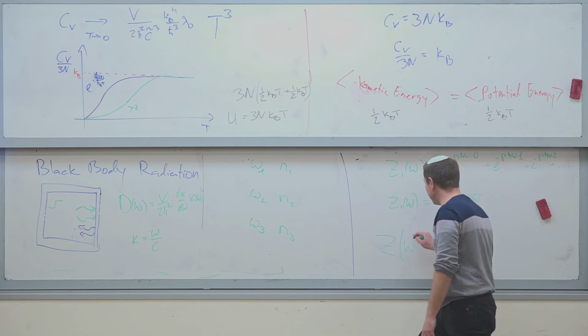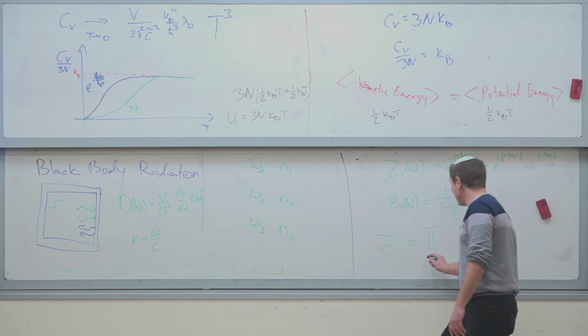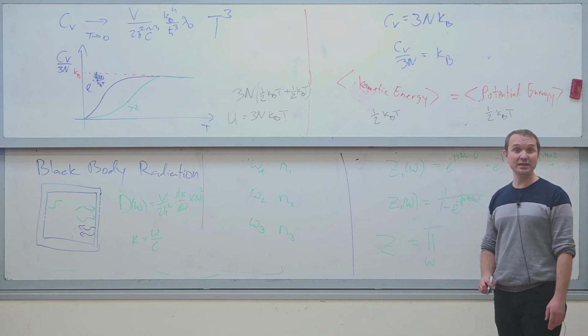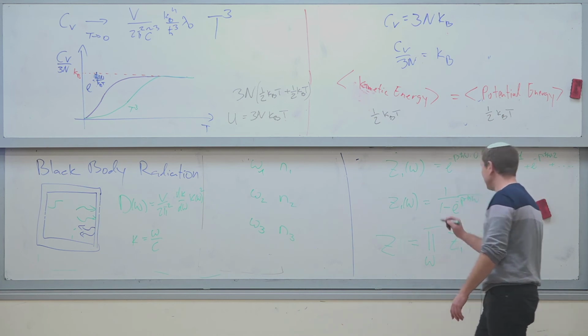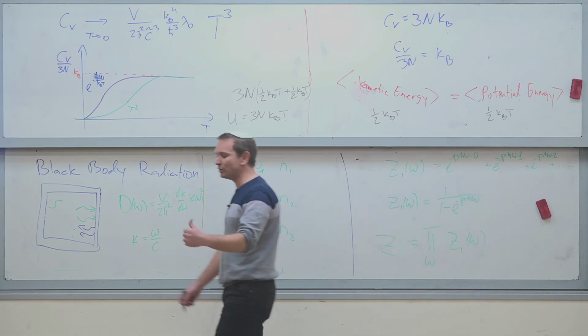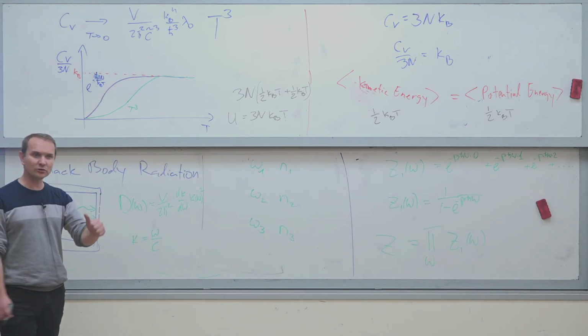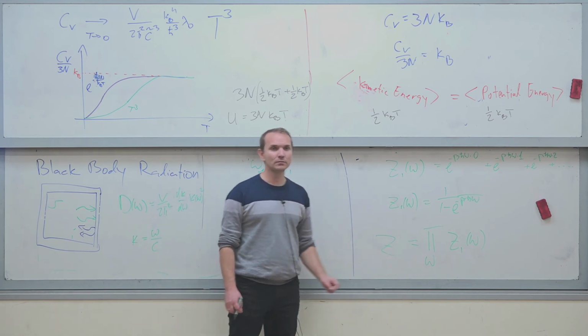So due to factorization, because everything is independent, we multiply Z1 over all the possible omegas that we have inside the system. Previously it was different because I was counting phonons. Here I count frequencies.